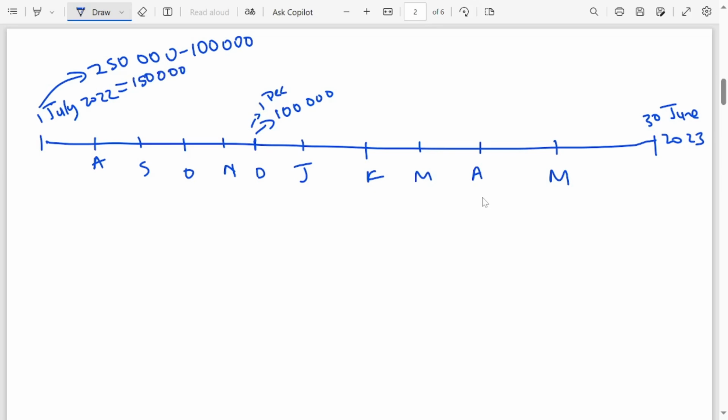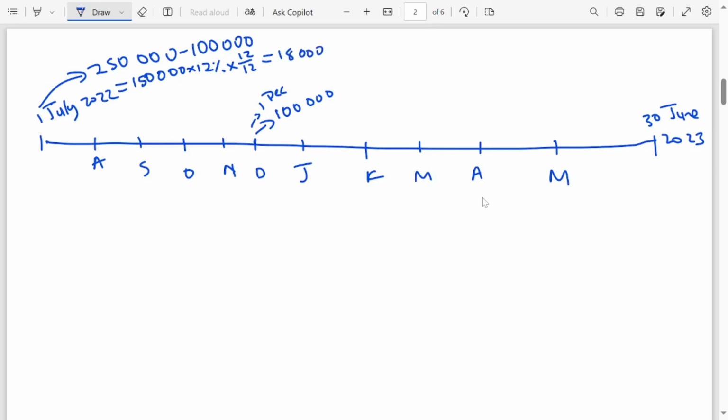So at the beginning of the year, the capital was 150,000. Now, this 150,000 was here at the beginning of the year. So this means that it stayed from 1 July to 30 June. That is 12 months. So we're going to multiply by 12% of the interest, multiply by 12 over 12 because it stayed the whole 12 months. So 150,000 multiplied by 12% times 12 over 12, that is 18,000.